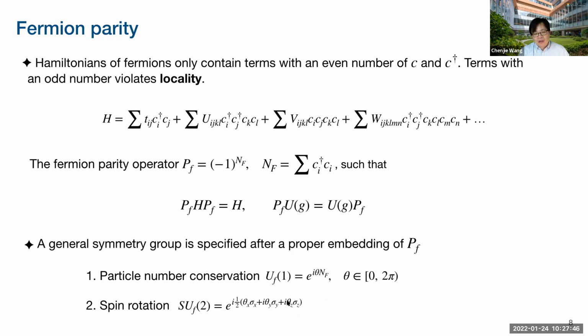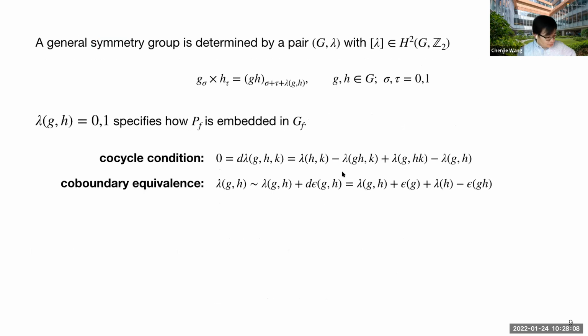So when theta z is 2 pi and theta xy equals 0, this element becomes the fermion parity. If you want to be rigorous about how to specify a symmetry in fermion systems, this fermion parity embedding is important.